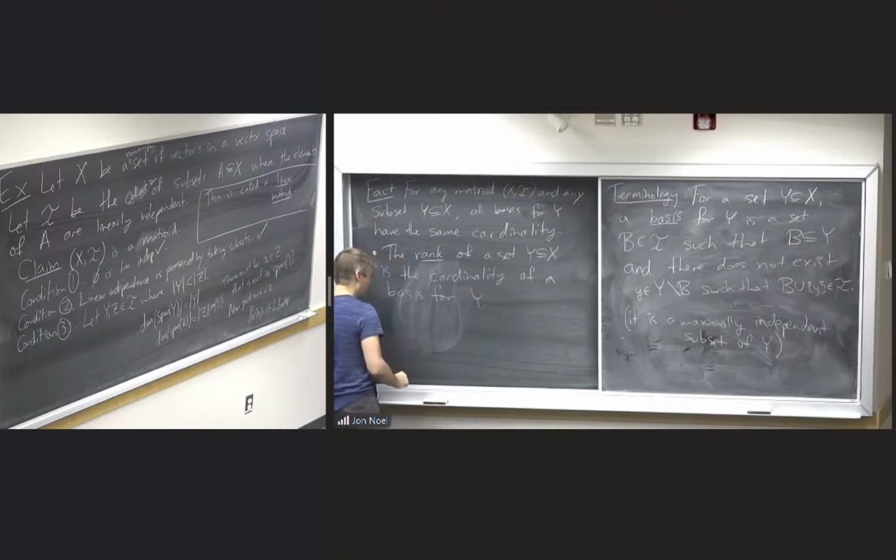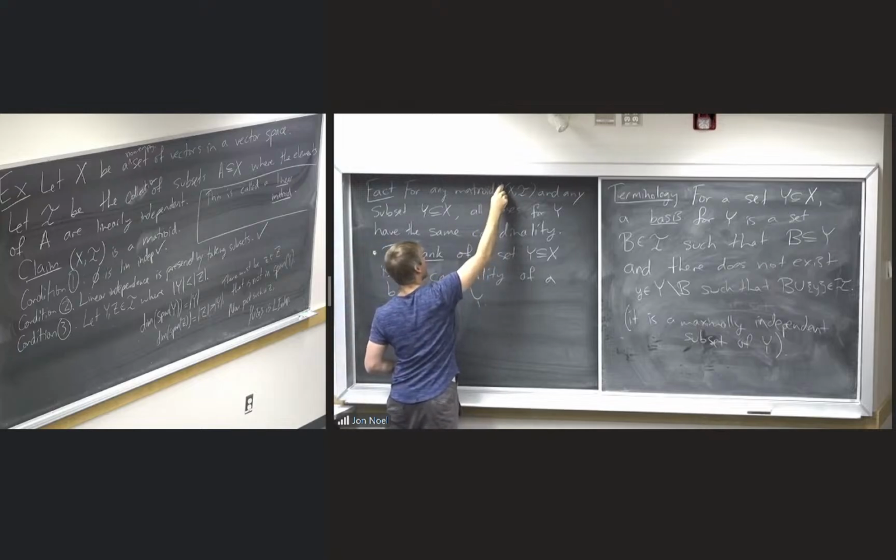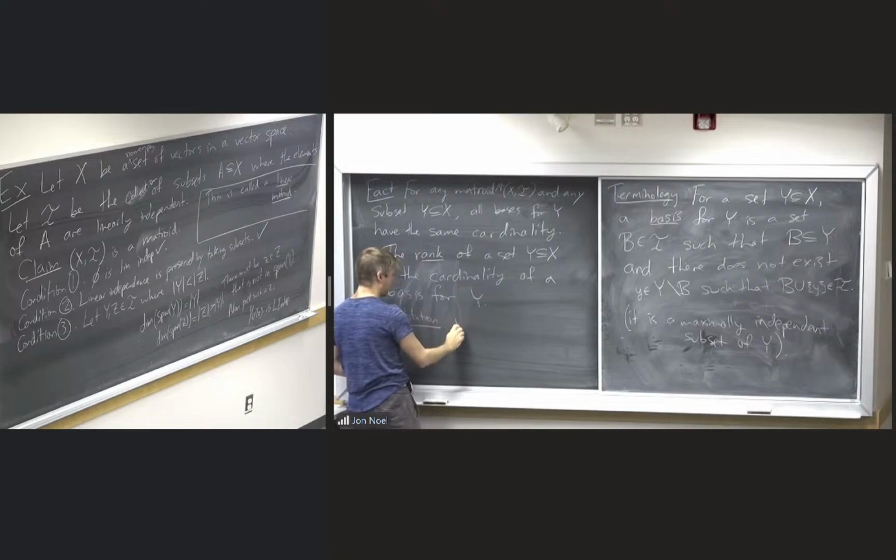And I don't have to tell you which basis, because like we just said, they all have the same size. So just pick any basis, and that defines the rank. And the notation is, if the matroid's called M, then my notation for the rank would be R_M of y.